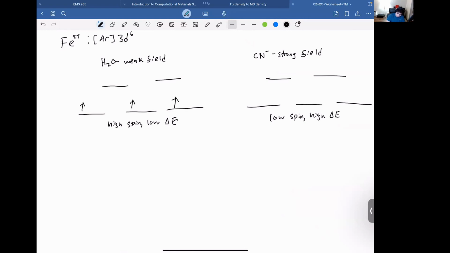One, two, three, four, five, six. One, two, three, four, five, six. So you can see with the water, it is paramagnetic, and with the cyano groups, it is diamagnetic.